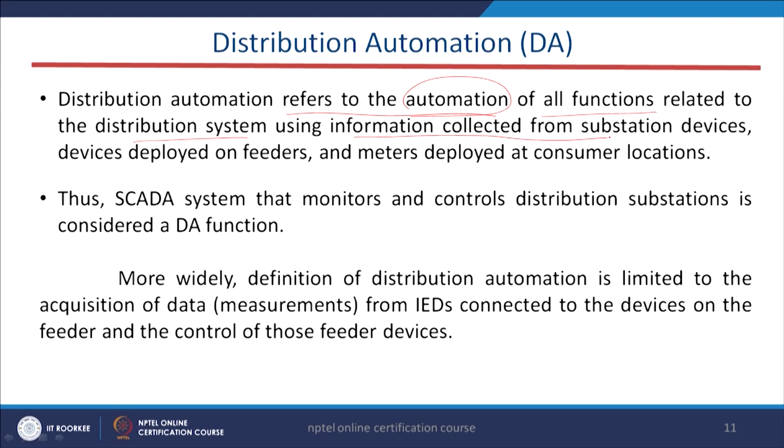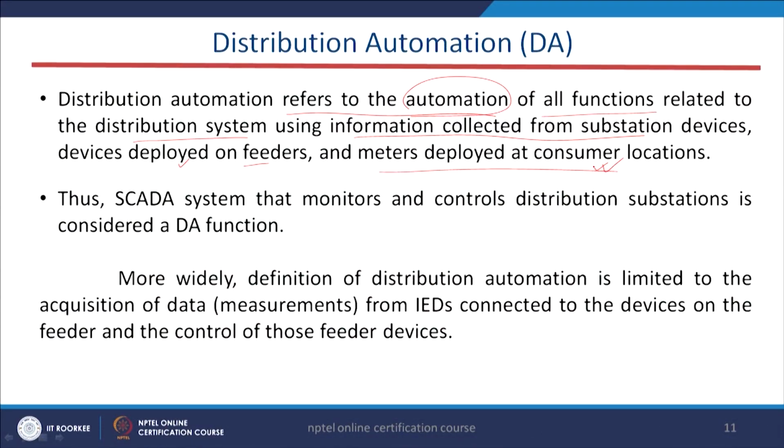Using information collected from substation devices, devices deployed on feeders, and meters deployed at customer locations. The concept is very easy. This distribution automation system allows us to collect the data or information from the sensors or devices which are located at the consumer locations. And this consumer location data is sent to a central computer center.